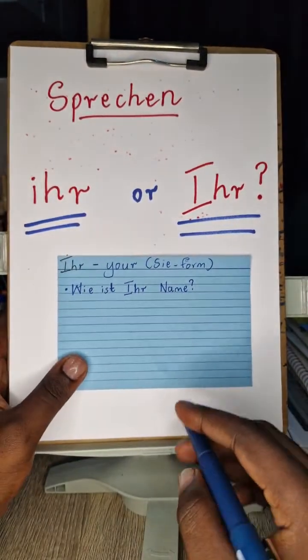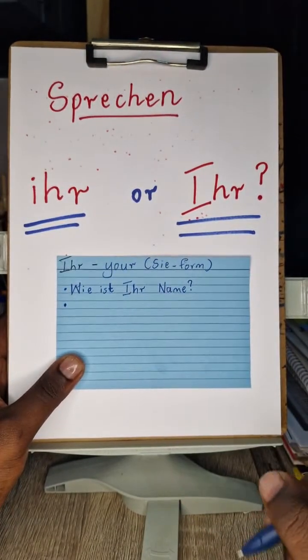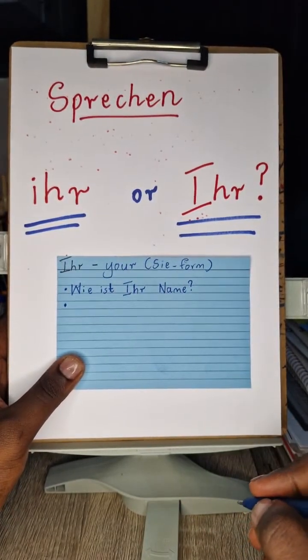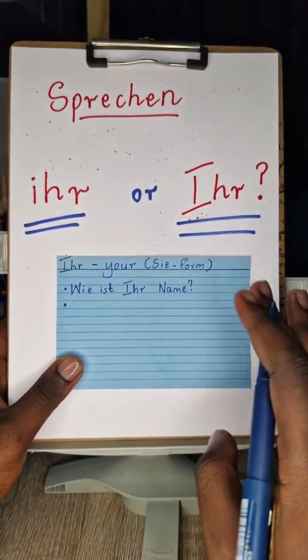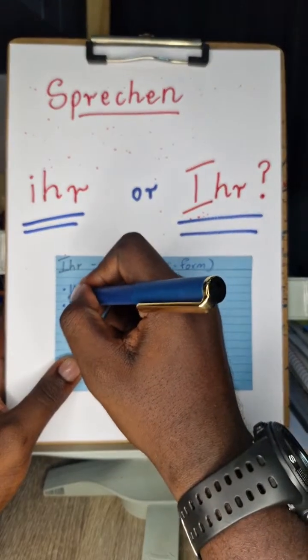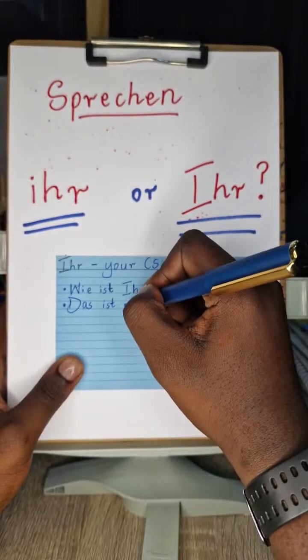Okay. Now let's see another example. You want to say, this is not your mother. All right, you would now say, das ist nicht.